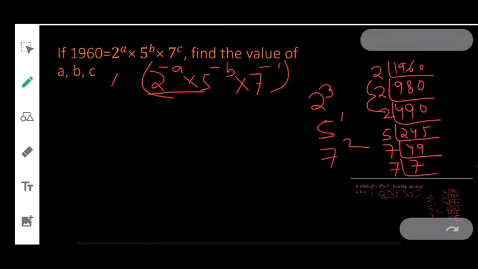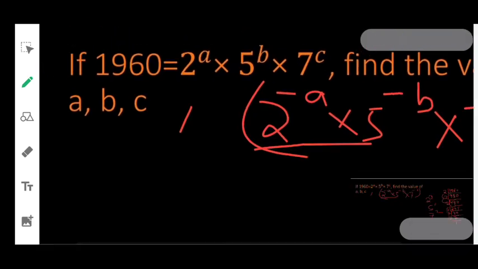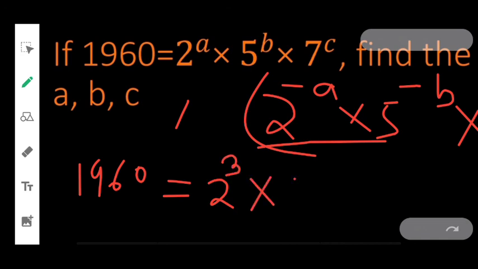Okay, so this 1960 is 2 to the power 3 into 5 to the power 1 into 7 to the power 2.